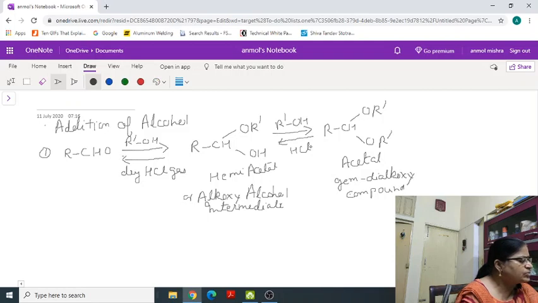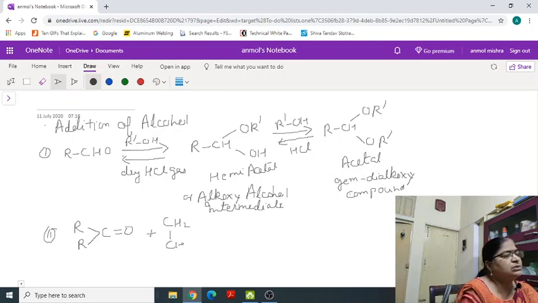Now next reaction with ketone. A ketone reacts with dihydric alcohol in the presence of dry HCl gas.